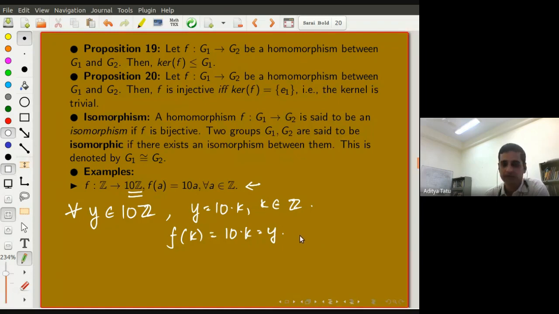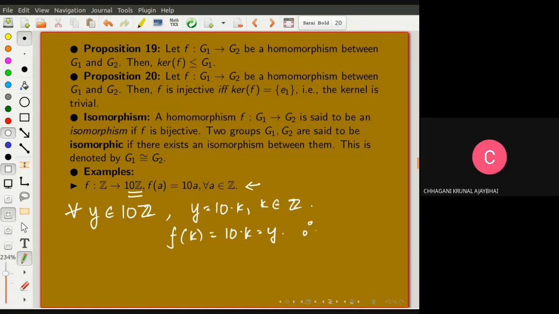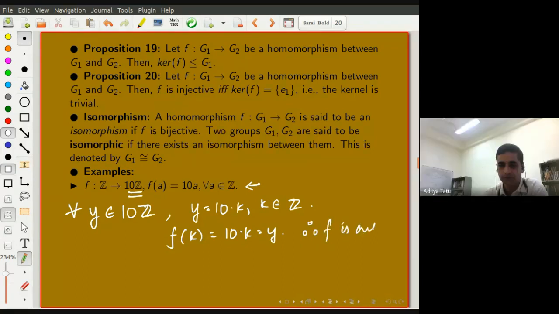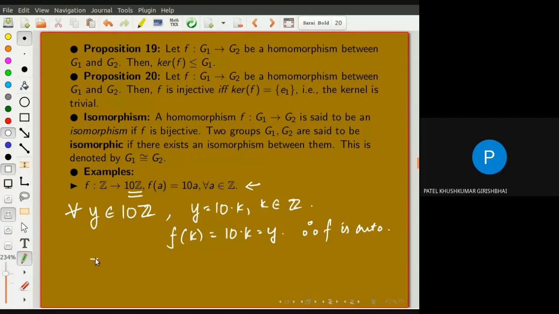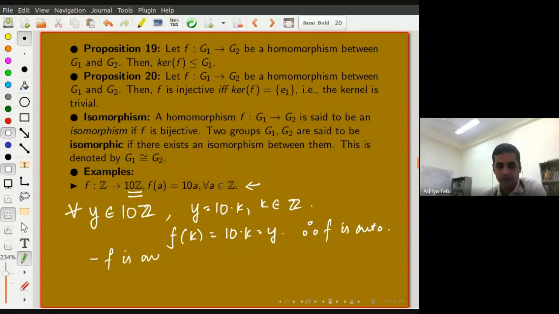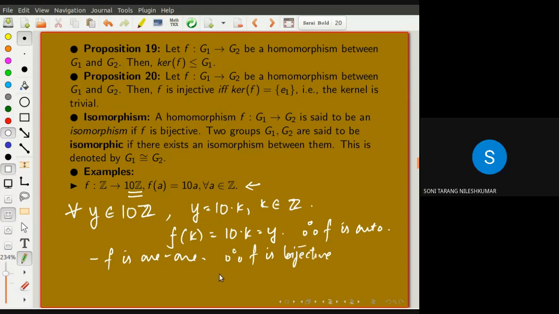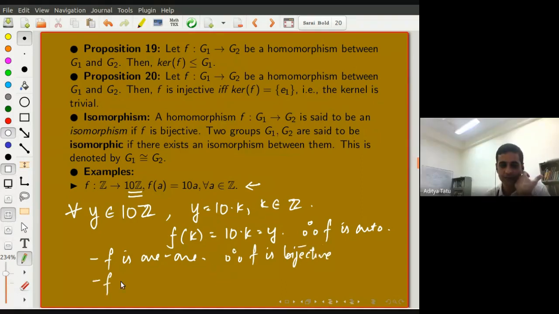Yes, f is onto. And how about one to one? Always one to one. I'm going to assume you guys can prove this. Therefore, f is bijective. Is it a homomorphism? Yes, f is also a homomorphism. That again, I'm assuming you guys can do it.